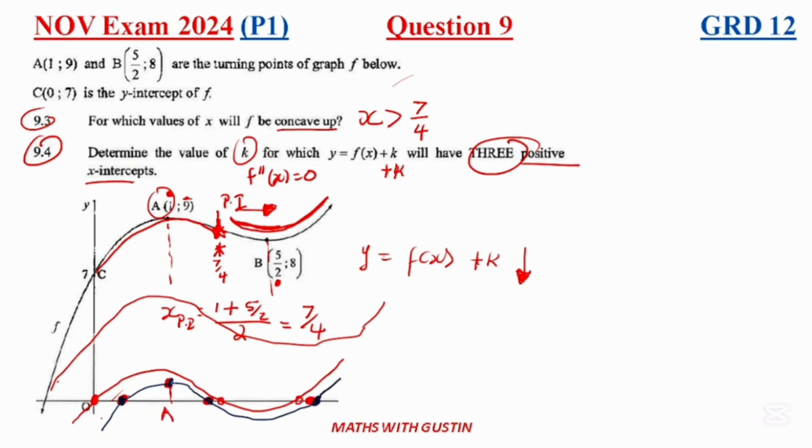To restrict this value here, we know that x is going to be 1. Okay, but we can't allow this. So it means we can drop it by 8, but it can never be -1, because if you say -1 here, it is going to be 0.